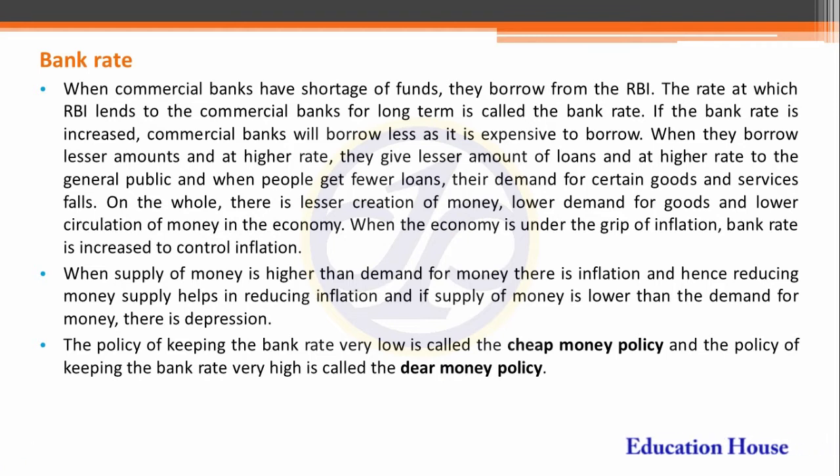So commercial banks get lower rate of interest loans, and the same loan will be passed to the public at a lower rate of interest. So people are encouraged to get loans and the supply of money will increase in the market. This monetary policy is called a cheap money policy. Through this way, Reserve Bank of India controls the requirement of demand and supply of money in the market.